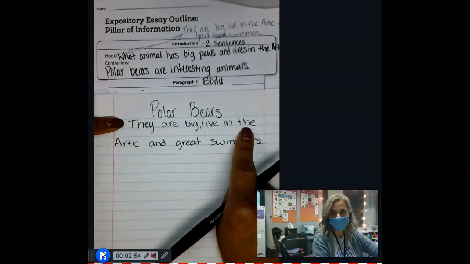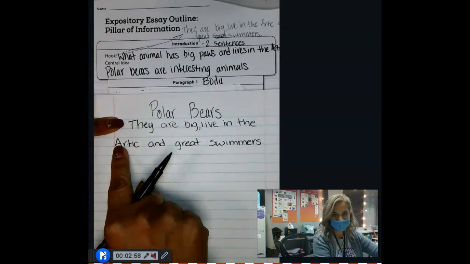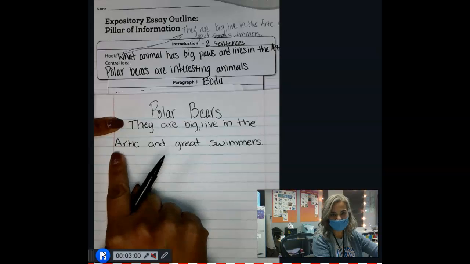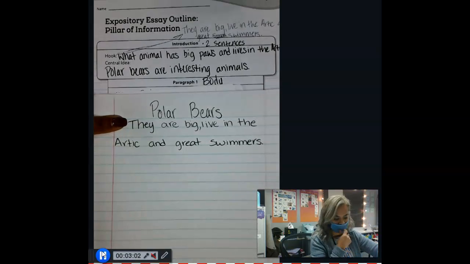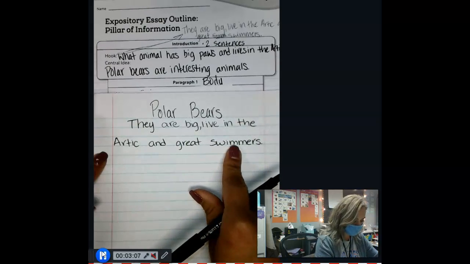Please notice that once I got to my margin here, I skipped lines and I came over to the left hand side of my margin. You only want to indent when you're beginning your paragraph. So they are big, live in the Arctic, and are great swimmers.